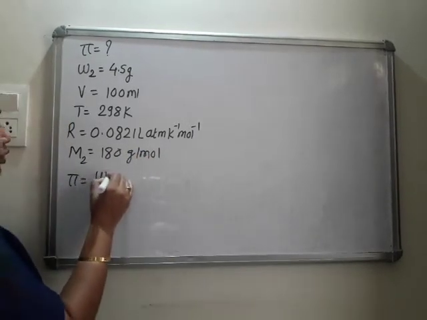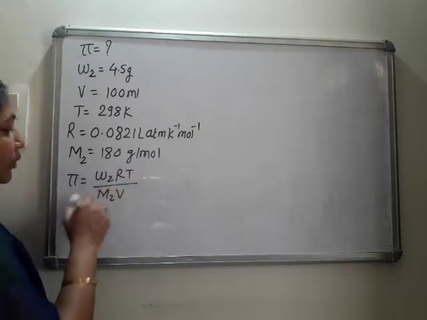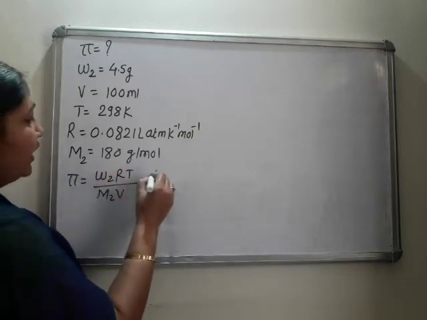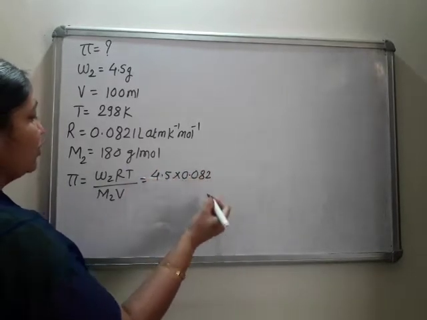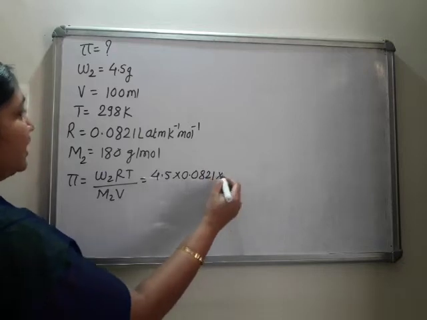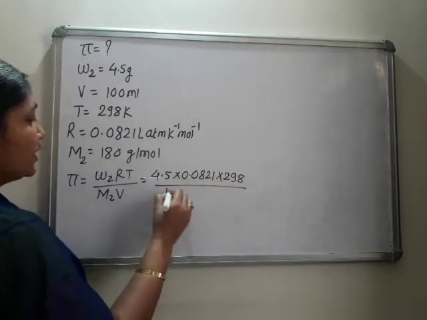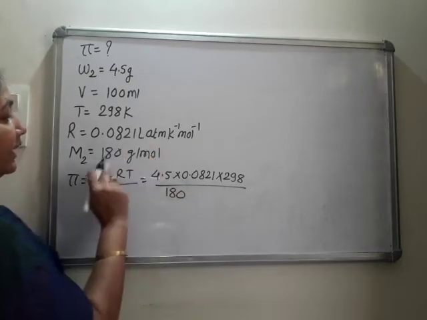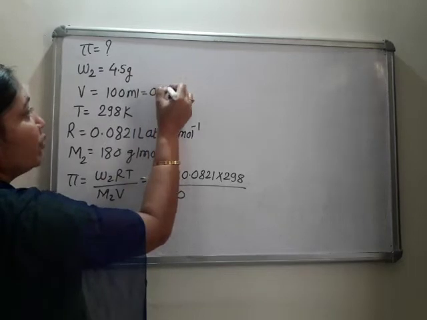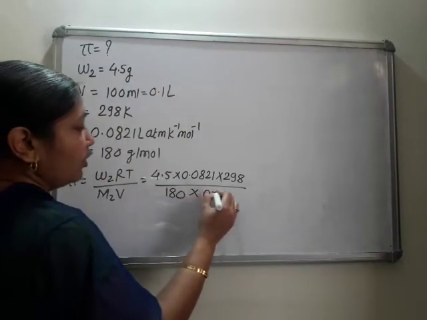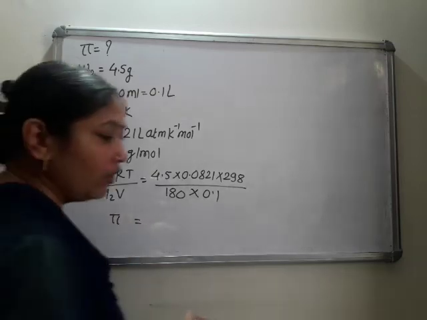Pi is equal to W2 RT upon M2 into V. W2 is 4.5, R is 0.0821, temperature 298 Kelvin, M2 is 180. R is in liter atmosphere, so we have to convert volume into liter, that is 0.1 liter. Simplify this and find value of pi.